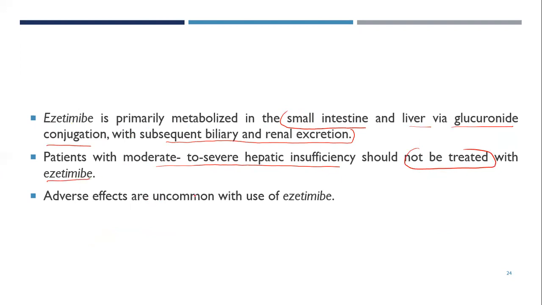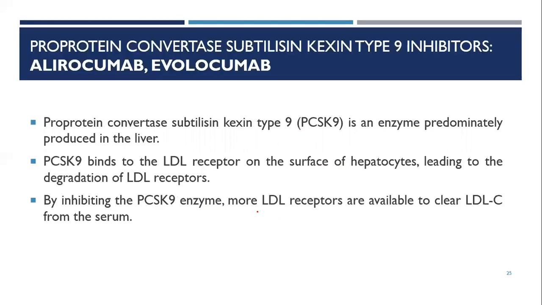The adverse effects are uncommon with the use of ezetimibe. So in a way, it is a safe drug to be used. Okay, so next we have proprotein convertase subtilisin kexin type 9 inhibitors. So that is PCSK9.